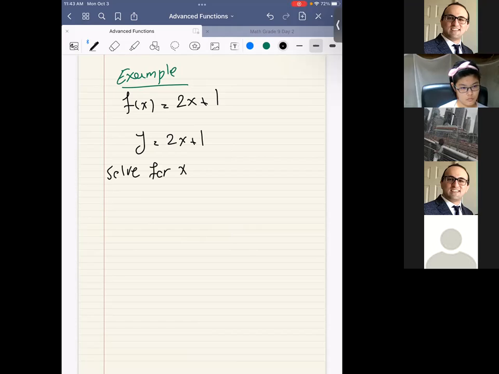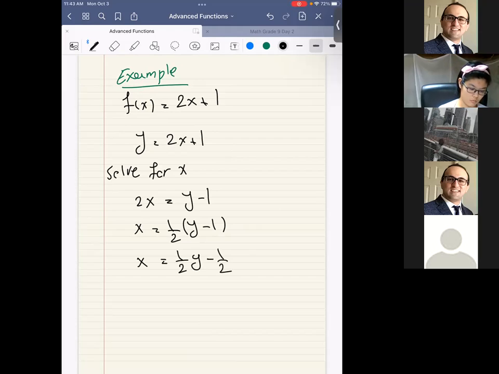So 2x is equal to y minus 1, which means x is 1/2 of y minus 1/2.